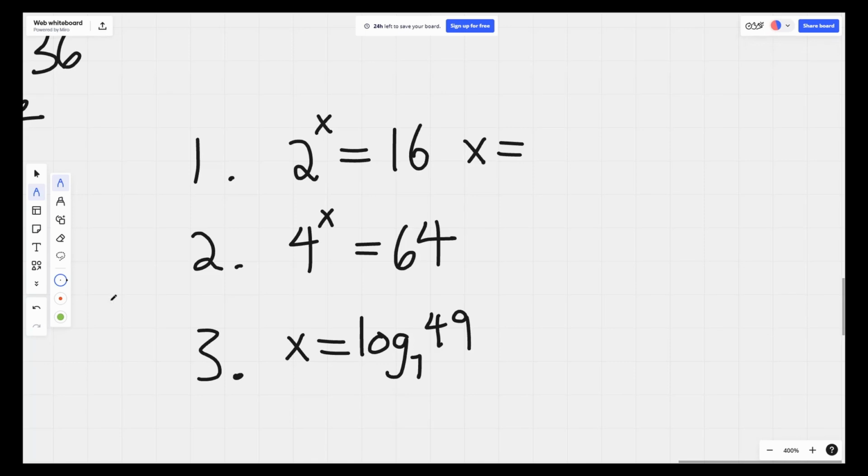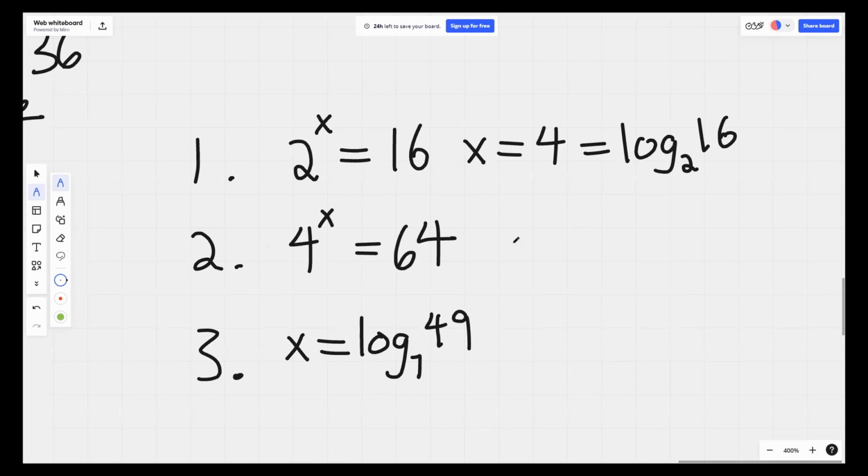All right, let's go over the first problem. 2 to the what power equals 16? Well, it would be 4, and we can also rewrite this in a logarithmic expression, that being log base 2 of 16.